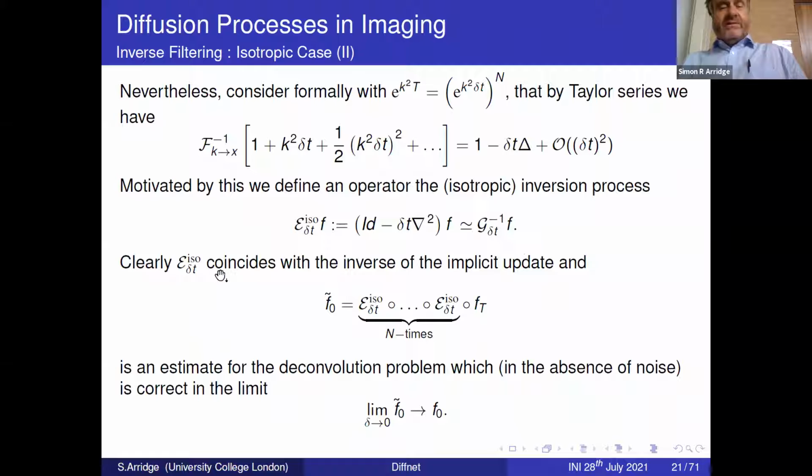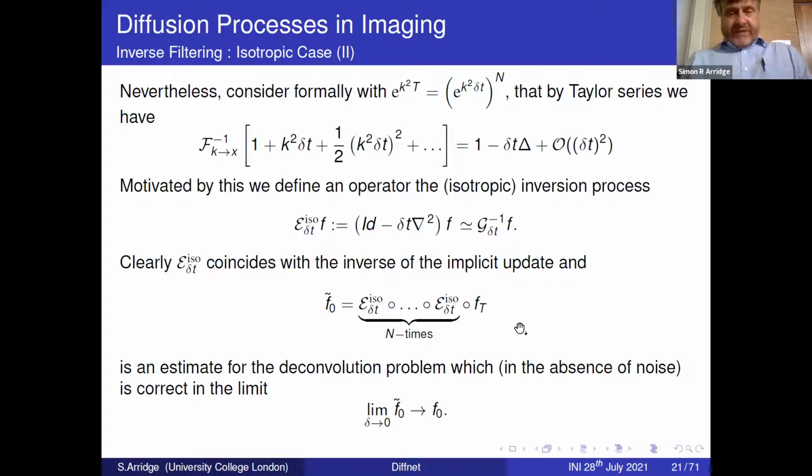And this also corresponds with the inverse of the implicit update, because the implicit update was given by putting on the left-hand side the identity minus delta t times the Laplacian and inverting. So to go the inverse, we just take the exact form of the implicit update operator.